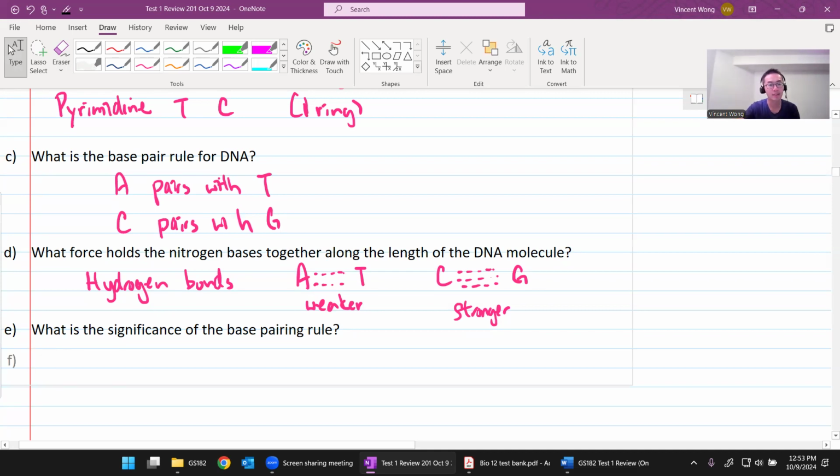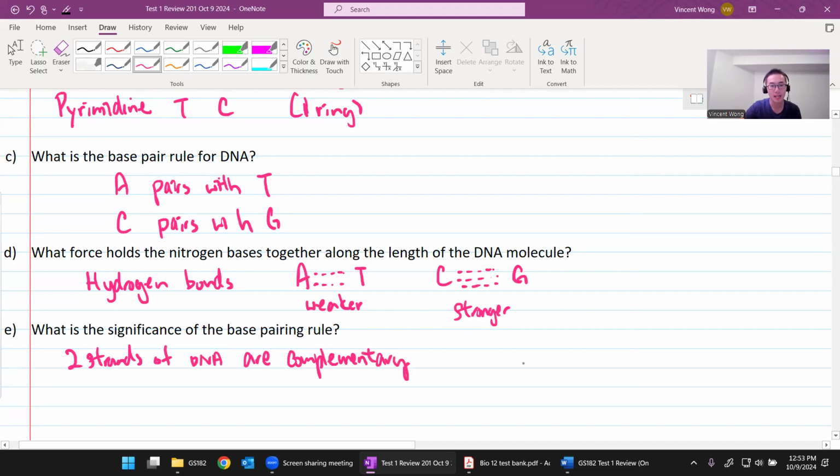Okay. What is the significance of the base pairing rule? So the 2 strands of DNA are complementary. That means if you know one side, if I tell you one side is like ACTG, you'll be able to predict what's on the other side. Right? And also consistent or constant width along the length of DNA.